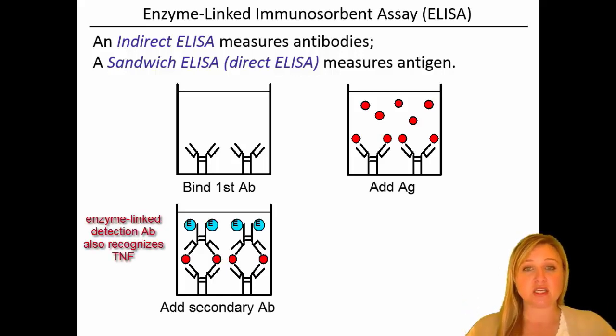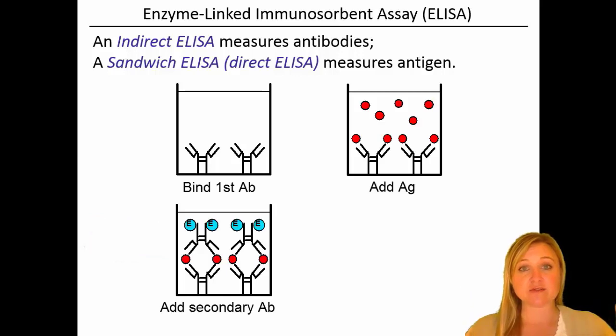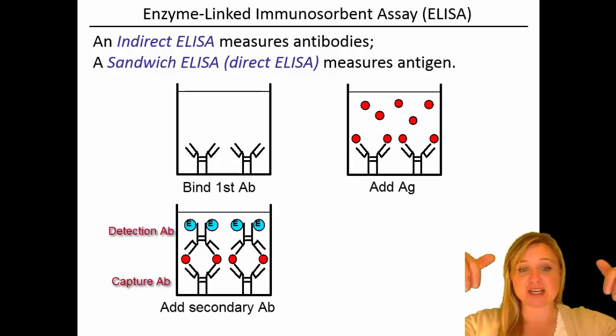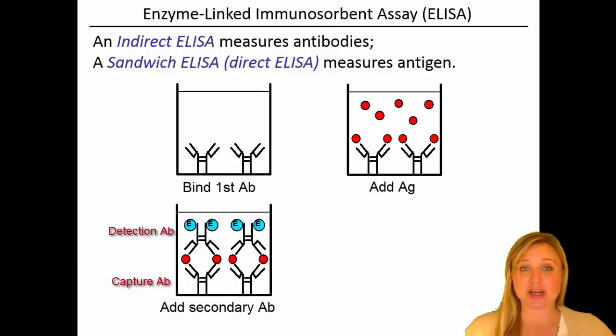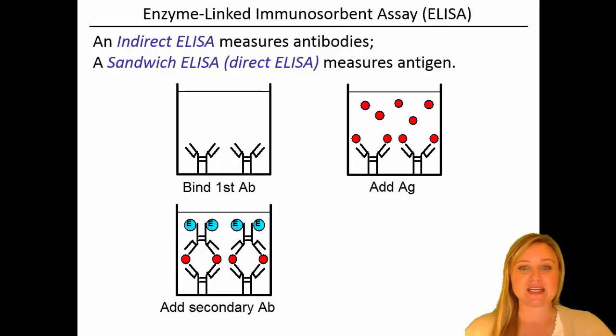So we coated the plate with an antibody that recognizes TNF. The TNF bound to those antibodies, and so now the detection antibody is also going to recognize TNF. The only difference between the capture antibody and the detection antibody is that the detection antibody is linked to that enzyme. So we add in our detection antibodies, which are enzyme-linked.